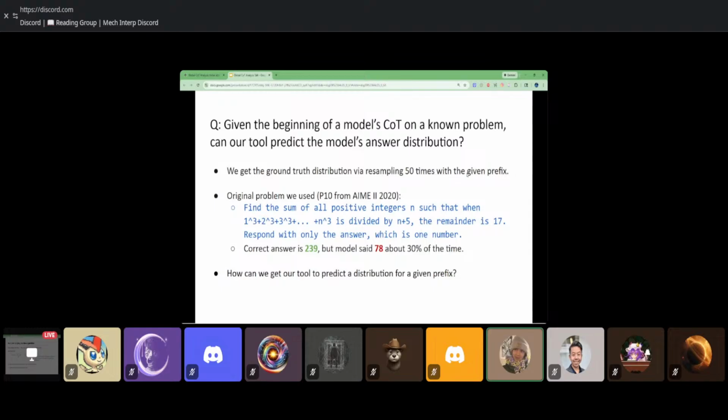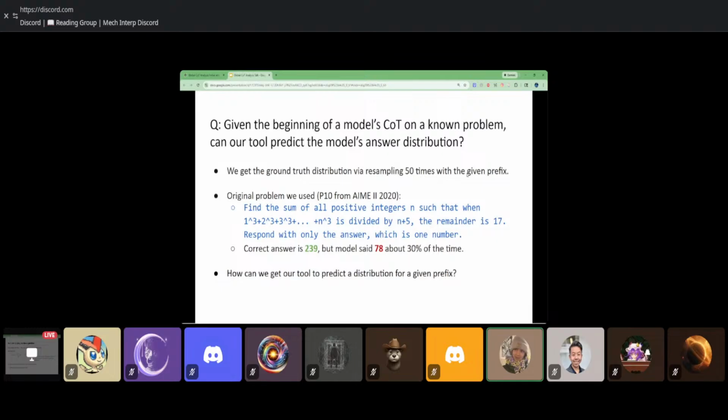We take this prefix, and we ask, can we in general predict the model's final answer distribution? In this case, it's a math problem, and we experimented with problems where models converged to two common answers, one right answer and one super common wrong answer.